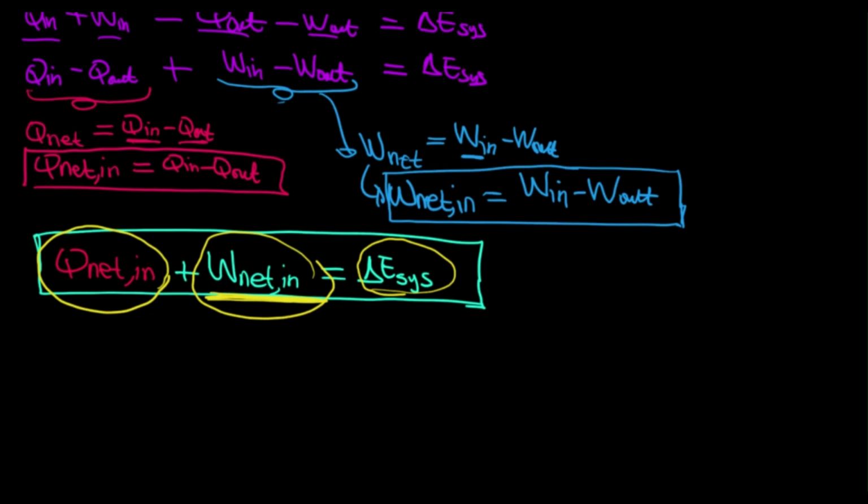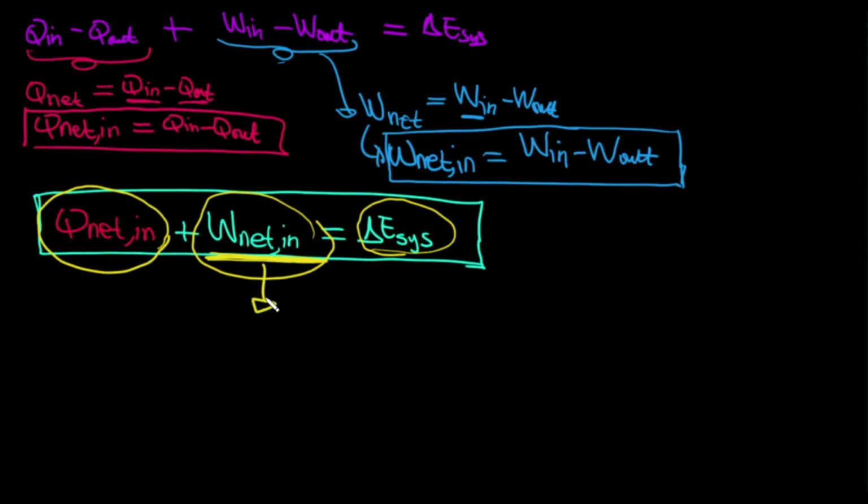Rather, we are interested in the amount of work that we are extracting from the system, like the total work net out. And work net out would mean work out minus work in. So the work that is extracted from the system should be greater than the work being supplied to the system.